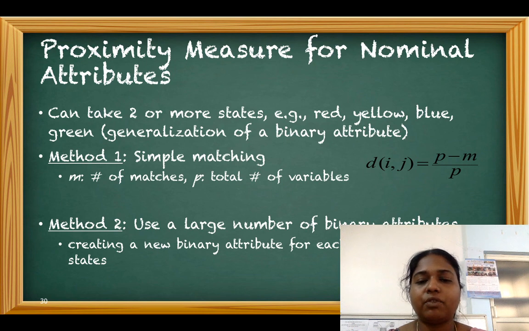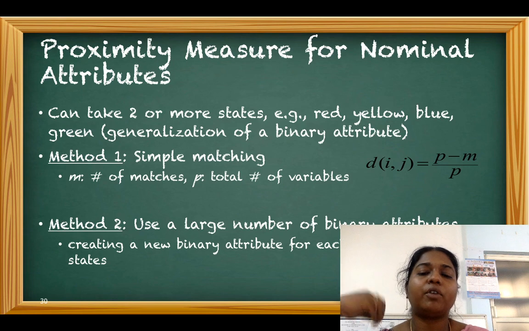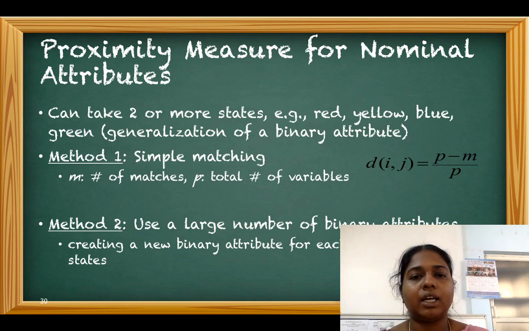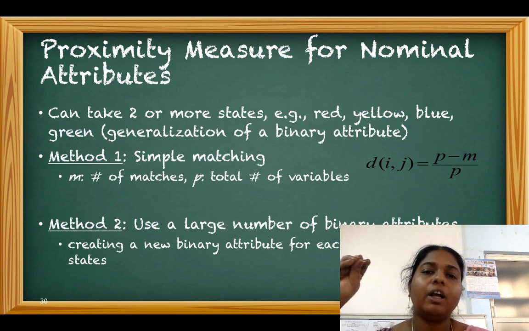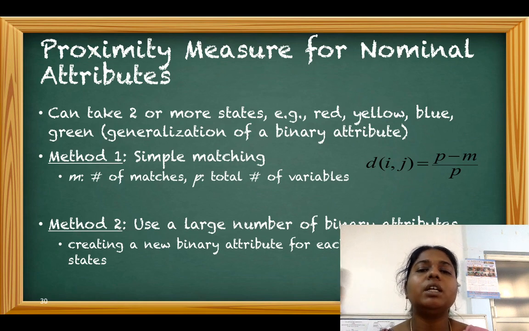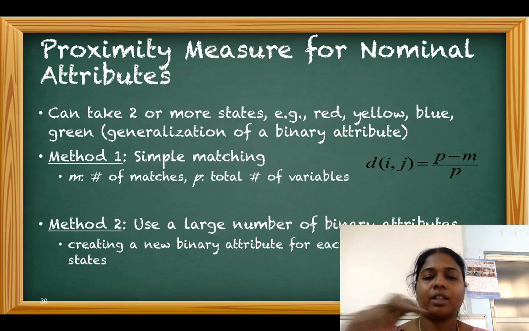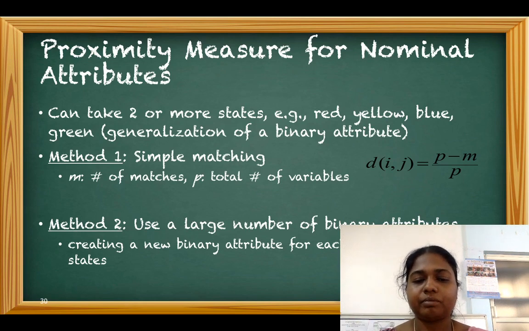So if my first favorite color is red, and it is red for 5 people, then I have to find out the total number of people in the class, and out of 60 people, 5 people have red as their favorite color. So that becomes the similarity in the class structure. That is called simple matching.